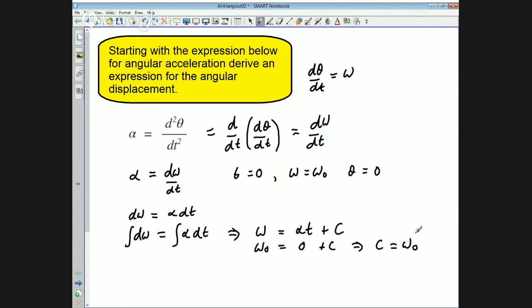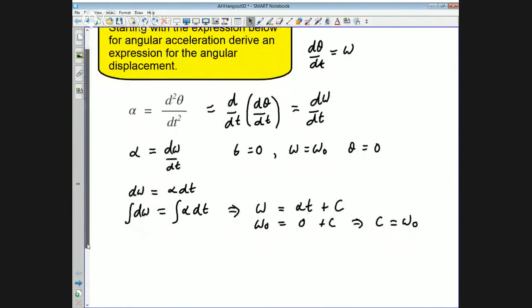So we've now derived our very first expression, and that is the following. It is omega is equal to omega naught plus alpha t.